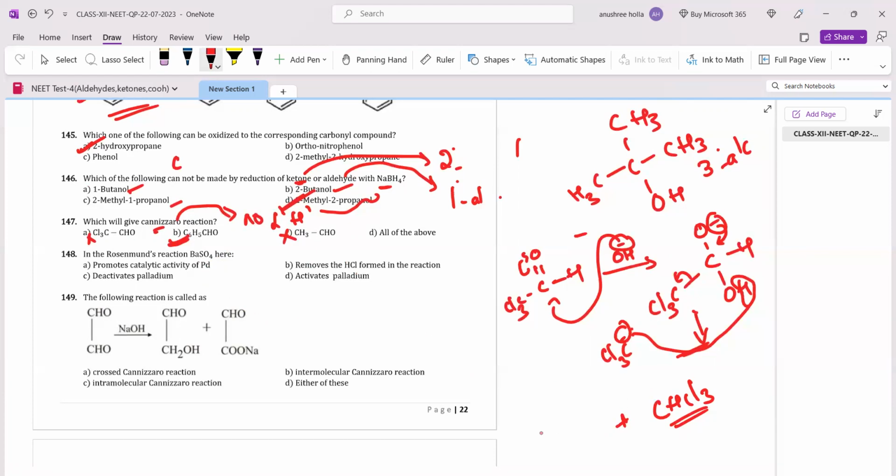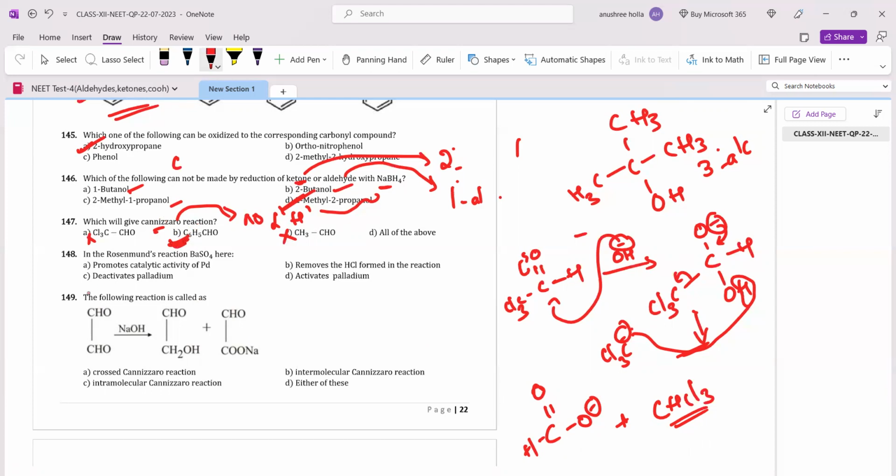So this will give me COO minus H. Now this can take away Na plus from the solution. It can give sodium formate, but as I've not got the other alcohol product, I cannot say that this gives Cannizzaro reaction. So only your benzaldehyde having no alpha hydrogen will give you Cannizzaro reaction.